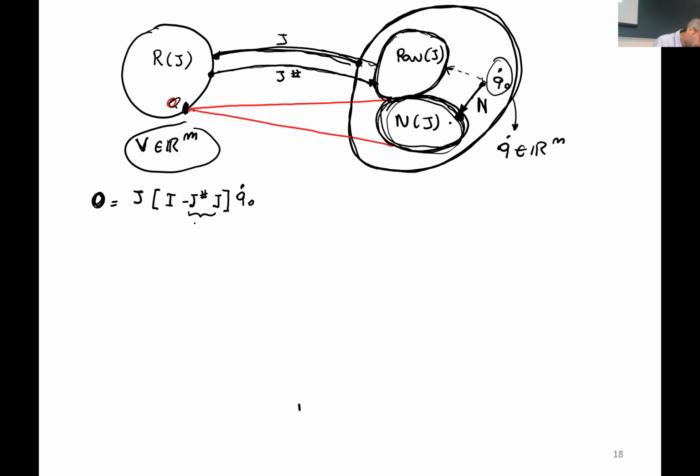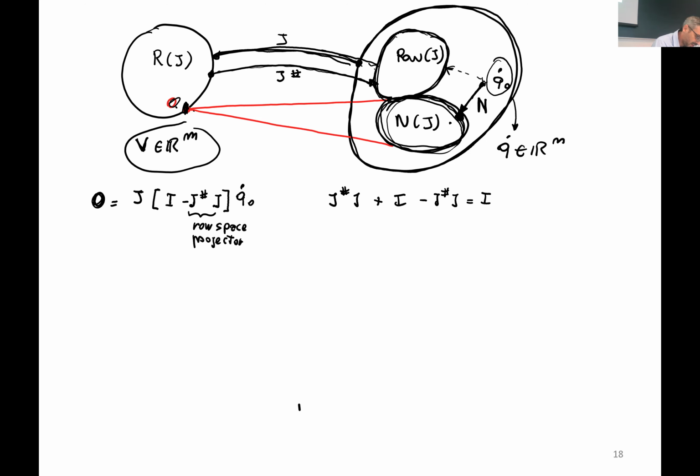And we call this the row space projector because we said that null space and row space are orthogonal. So they both sum up to the identity if you sum them up. And so row space projector plus null space projector is equal to the identity.